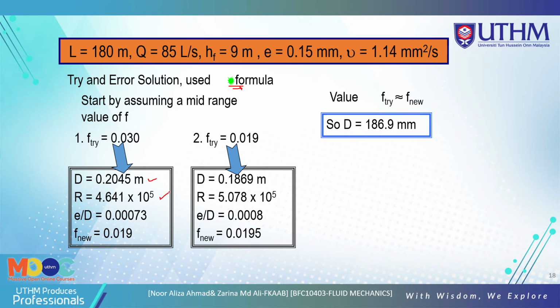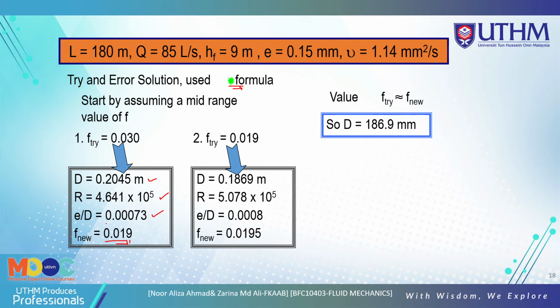Then with the D that you get, 0.2045, you use it to get the E over D, the relative roughness, so you get the value here. Once you have the E over D and the Reynolds number, you must look at the Moody chart and find the F new. So you find the F new is 0.019.